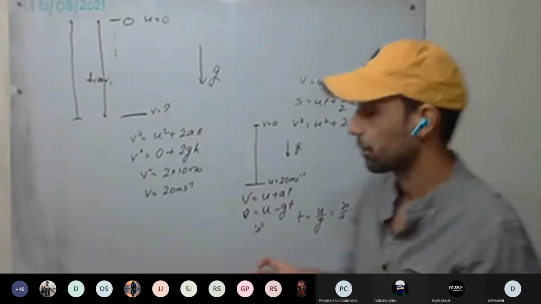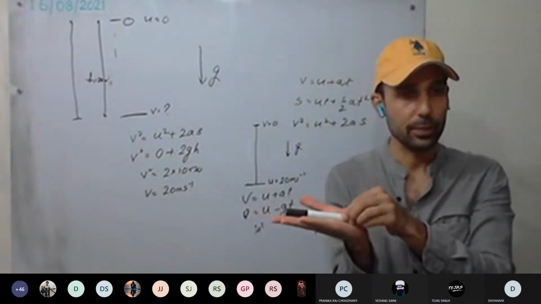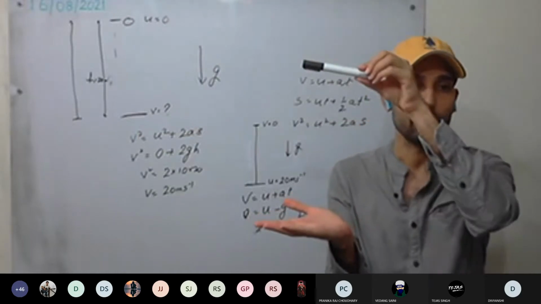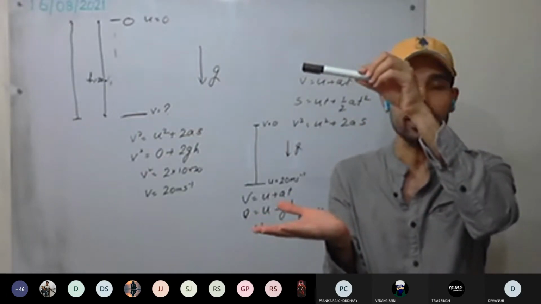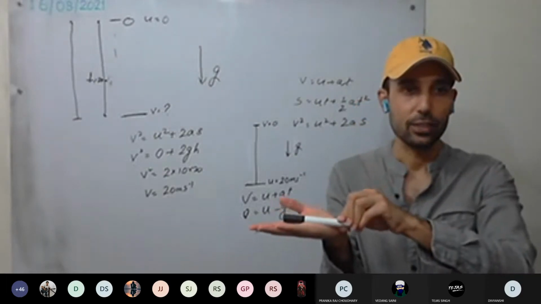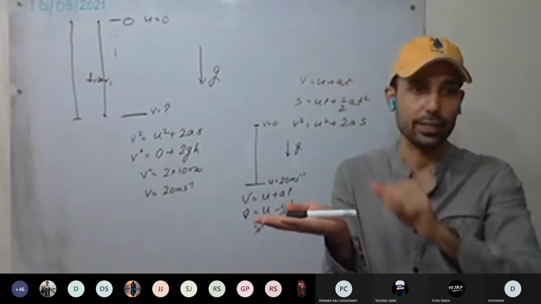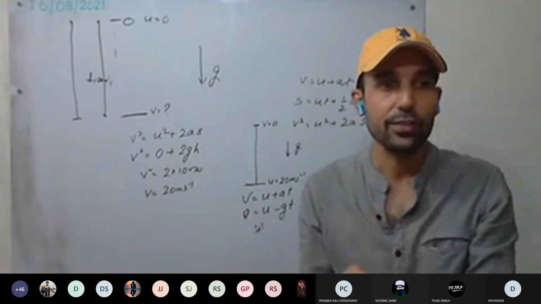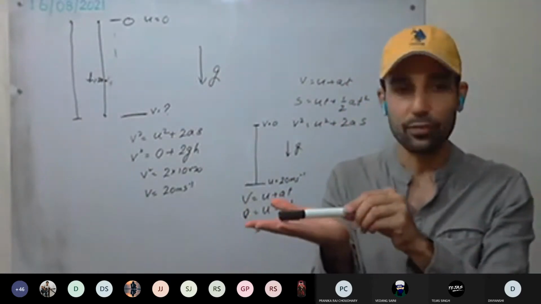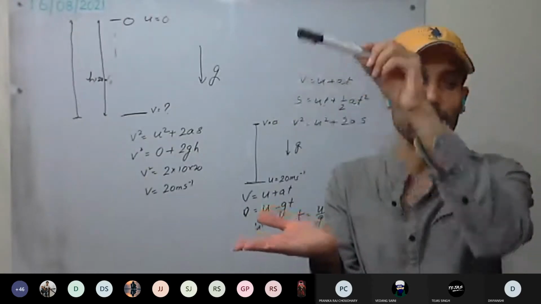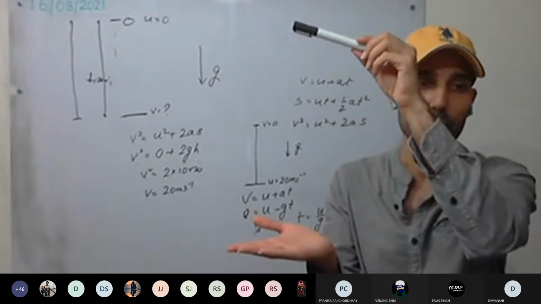As well, you can see it. Initial velocity was 20 meter per second. After 1 second, 10 meter per second. After another second, 0 meter per second, it's stationary. Then 10 meter per second, 20 meter per second. So total 2 seconds up and 2 seconds down. Have you understood the motion of the ball? Initial velocity we gave is 20 meter per second. After 1 second its velocity reduces to 10 meter per second, after 1 more second it reduces to 0.